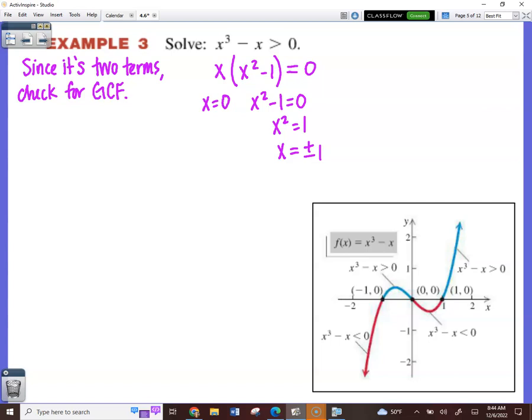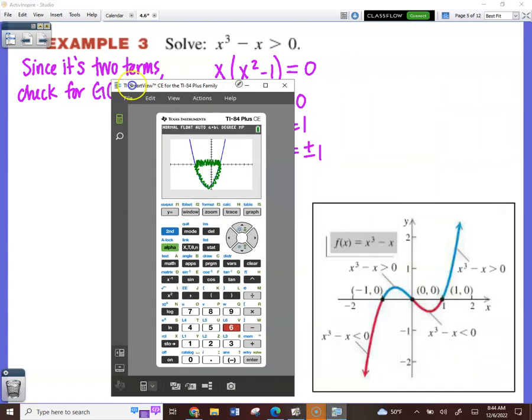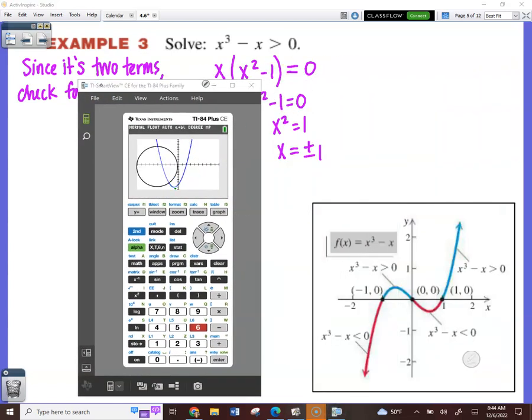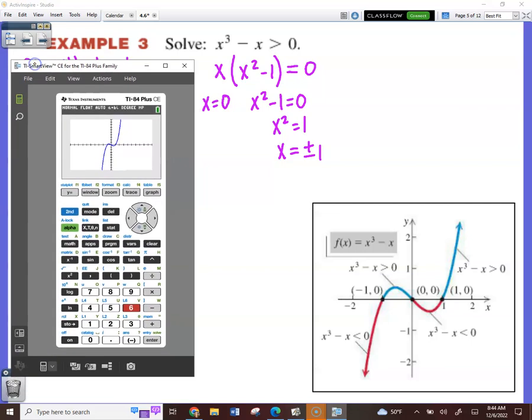Now you could go to y equals in your calculator. We're going to practice that calculator shortcut. We're going to go to y equals, we're going to type in x cubed minus x, and we're going to zoom 6 it. Now, here's where you've got to get comfortable with your graphing calculator.